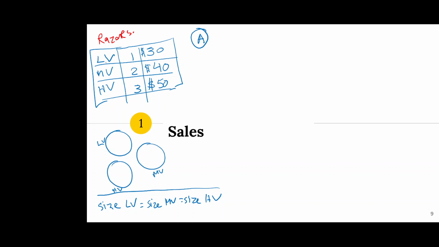So the low valuation segment will buy the product if the product was on sale for $30. All right. So if the product was on sale for $30, they will buy because there will be a surplus.